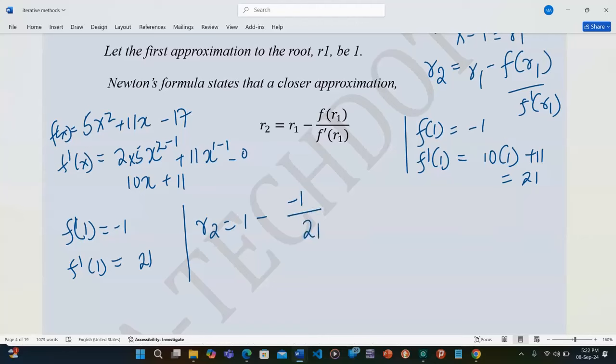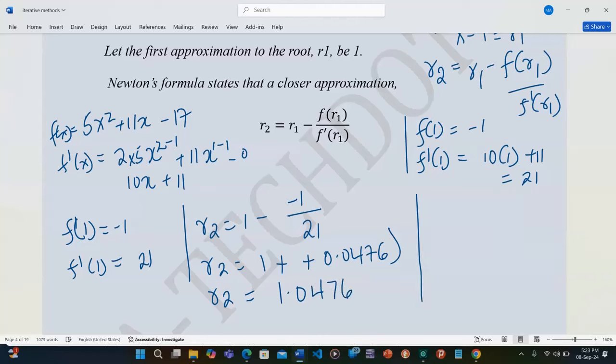Negative 1 divided by 21 gives negative 0.0476. Remember, this is R2 equal to 1 minus negative 0.0476. So the signs cancel, and our R2 will be 1.0476.